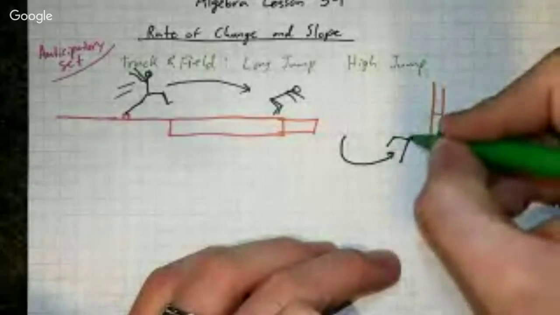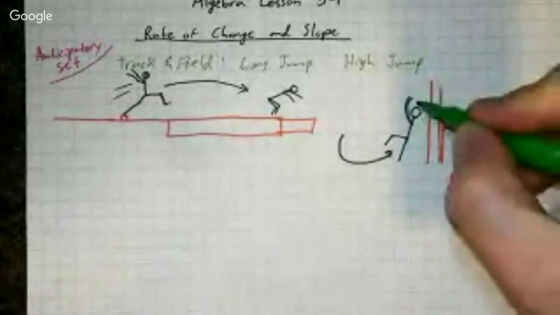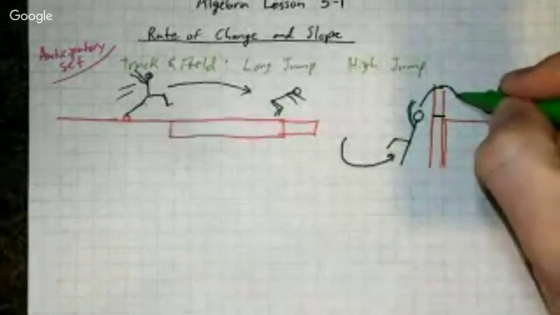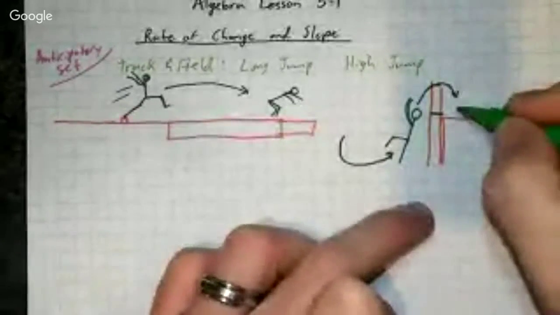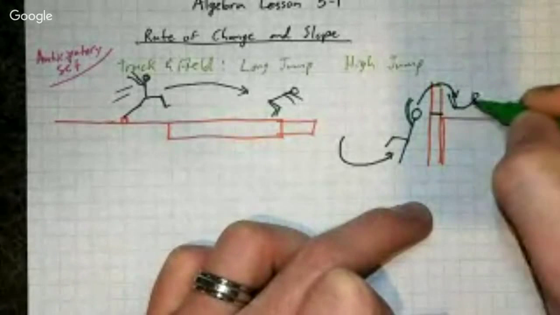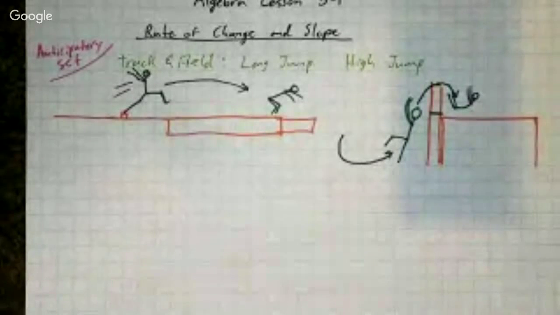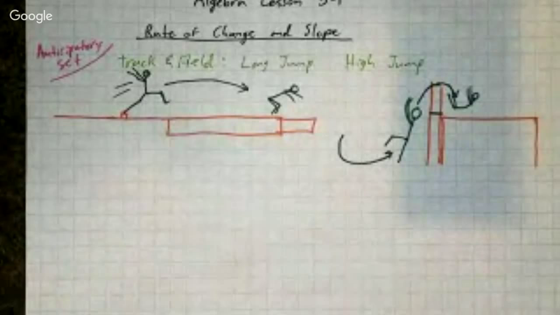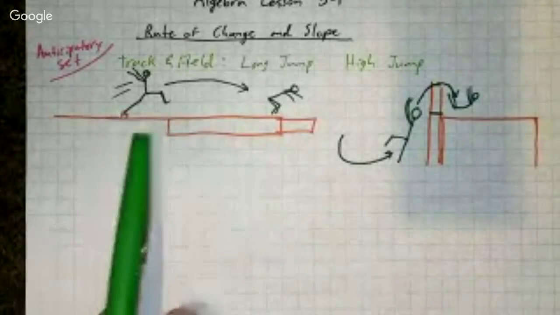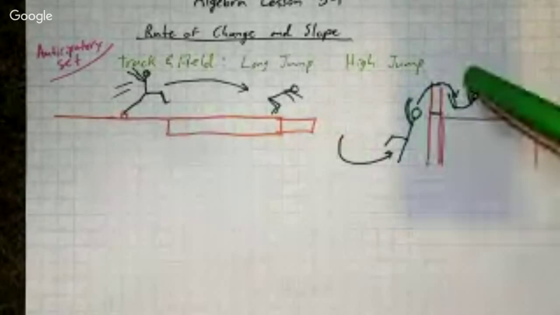You're throwing yourself up and backwards, and your arms swing up like that. And you try and go up and over this post right here. And you fall down, and as you come down, you try and get your feet out of the way and curve your body over. So that's how you do these two events, and they have very different purposes. I was very good at the long jump because I can actually jump this distance, but I can't get off the ground very high.